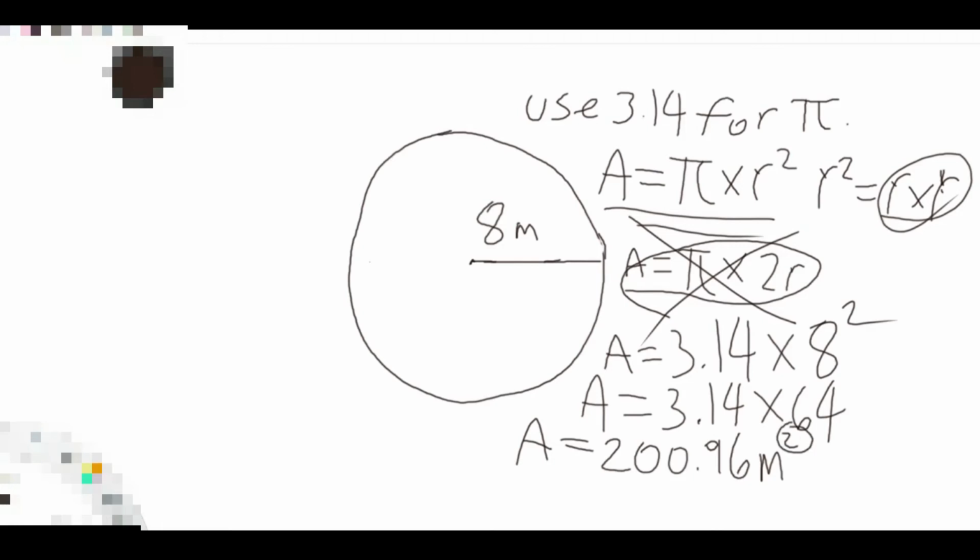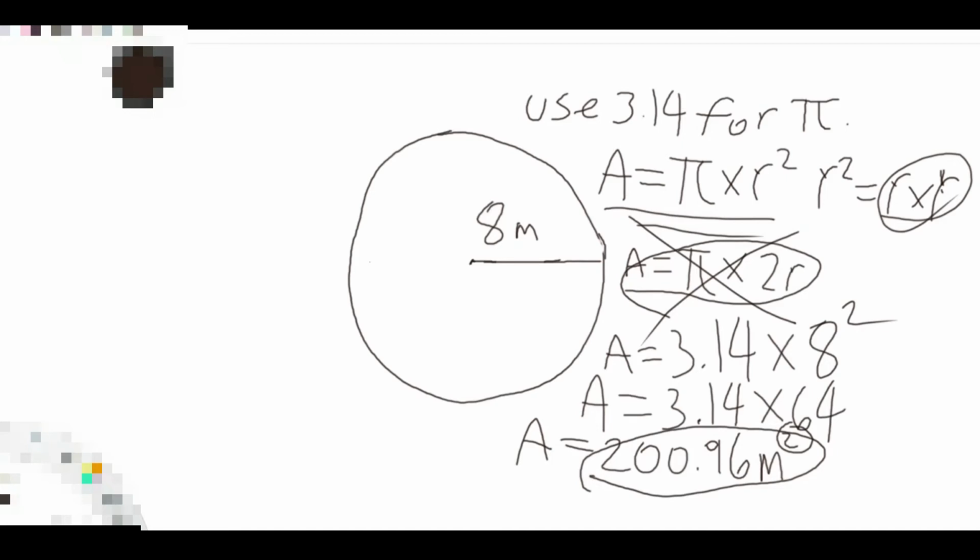If you just put meters, and don't include the square, you're incorrect. You must include both the measurement and the squared, since this is area.